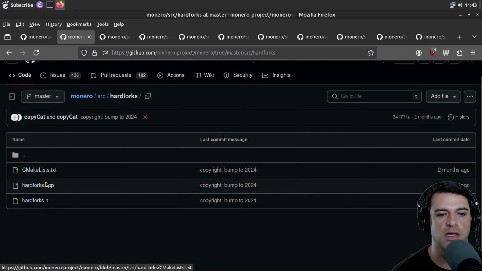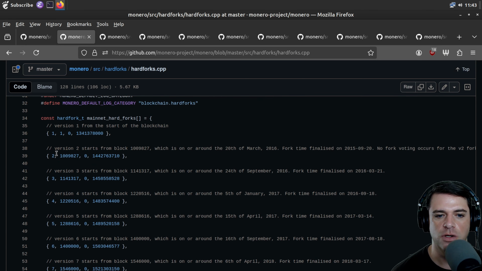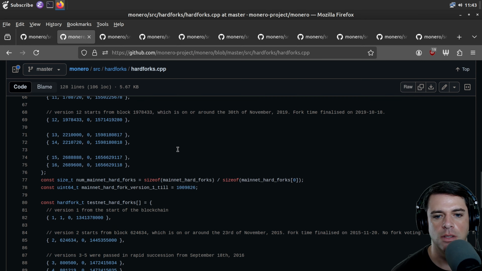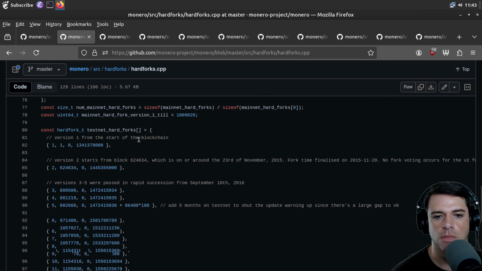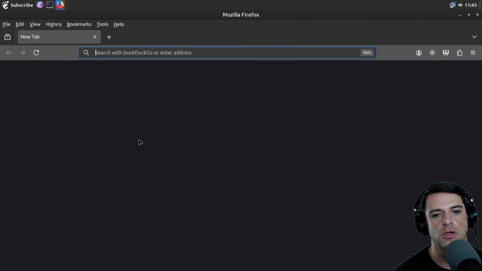So this is maybe just for keeping track of hard forks. I don't know how often there are hard forks. And we do have a list of hard forks. Okay. So these are hard-coded hard fork information.